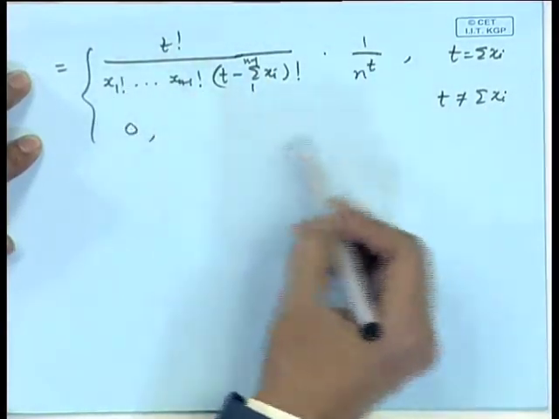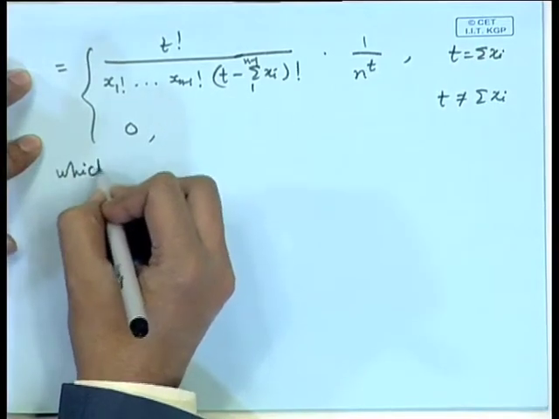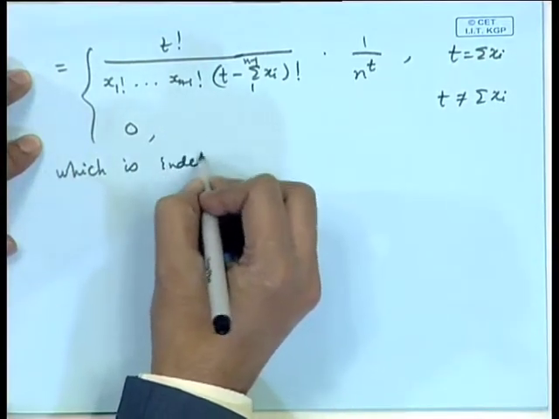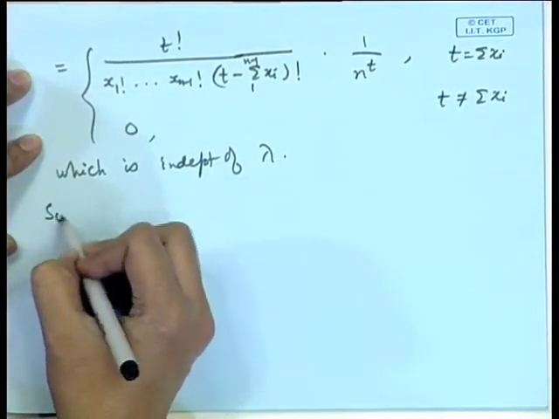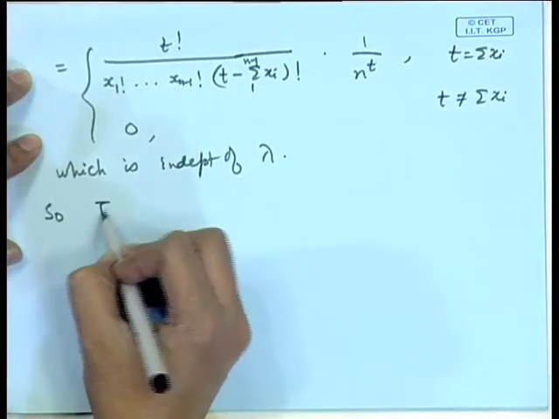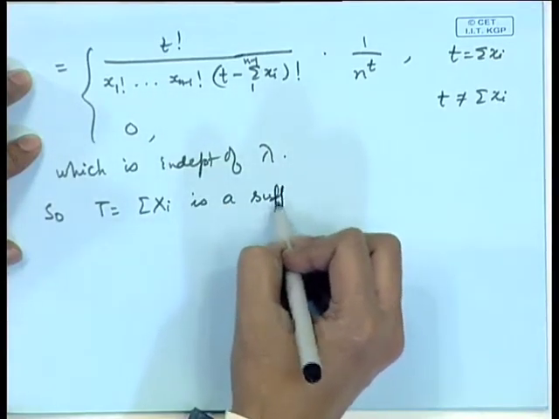Now, you can see here this term does not depend upon lambda. This is independent of lambda. So, we conclude that T, that is the sum of Xi, is a sufficient statistic.